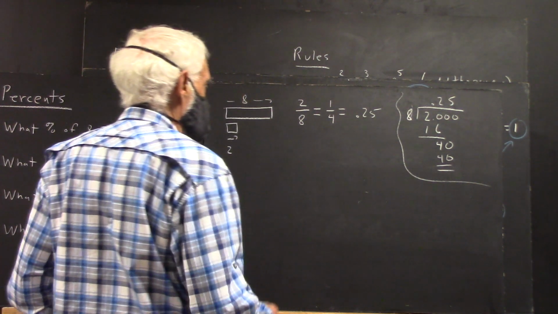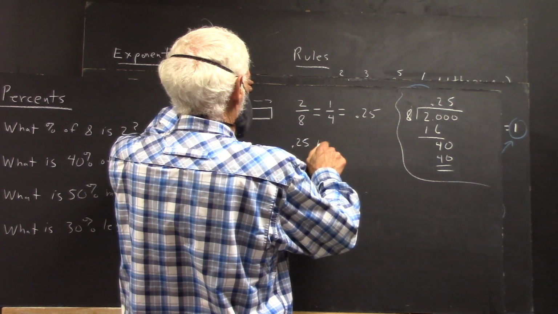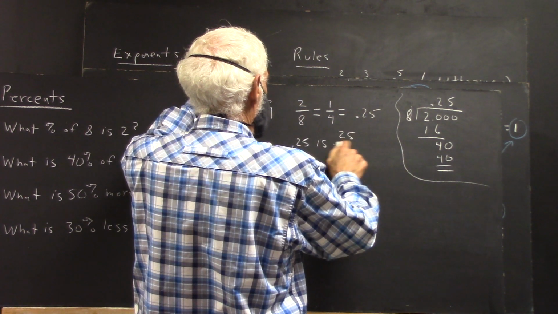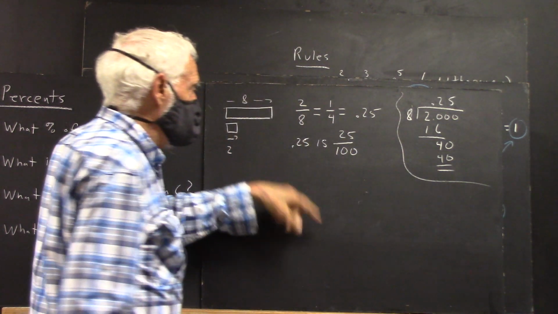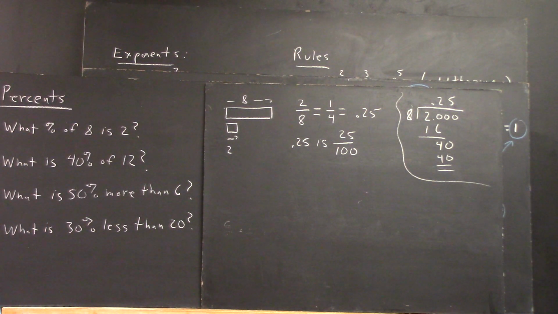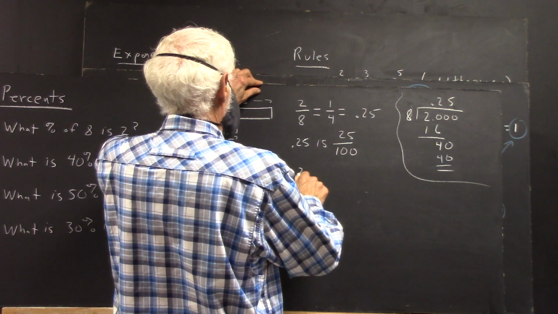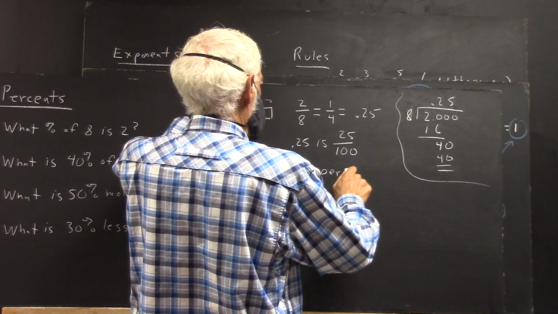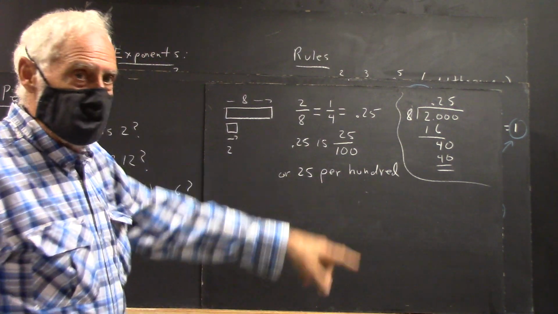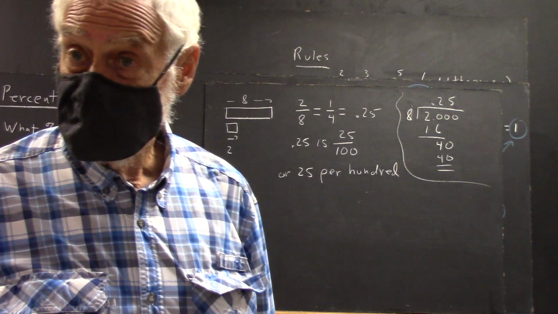So, .25 is 25 over 100, right? Or 25 per 100. You know, that slash means like per, okay?